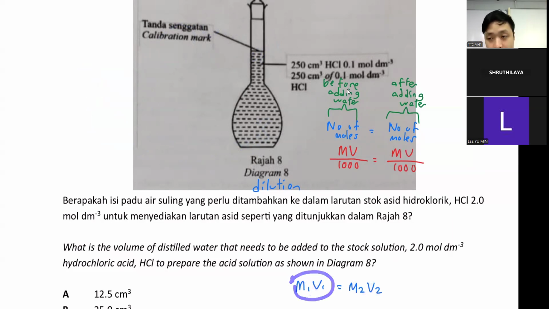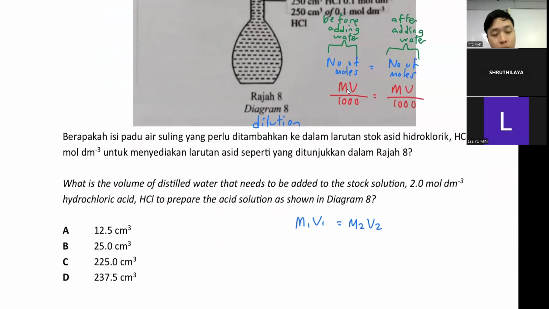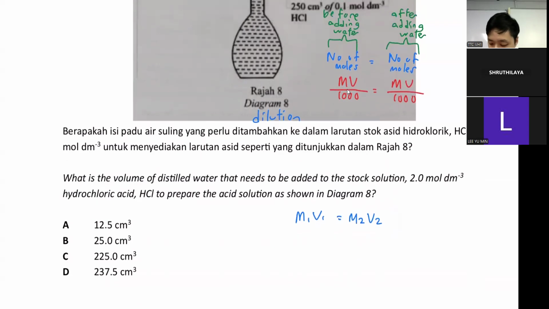M1V1 means before adding water. M2V2 means after adding water. 加水之前 M2V2 加水之后啦。 The 1000 is no longer there because 1000 cancels, right? M and V cannot cancel because they have different values. So that's why you get this formula.